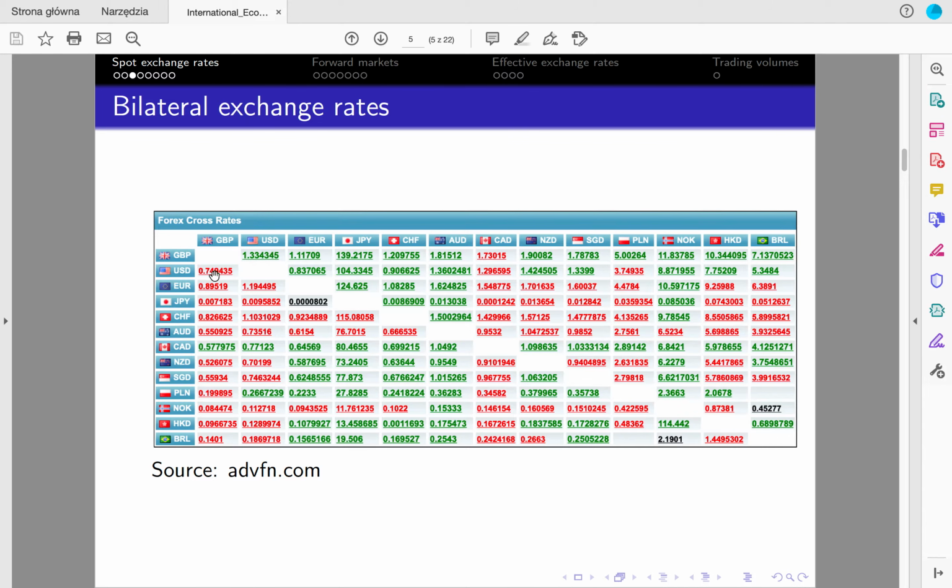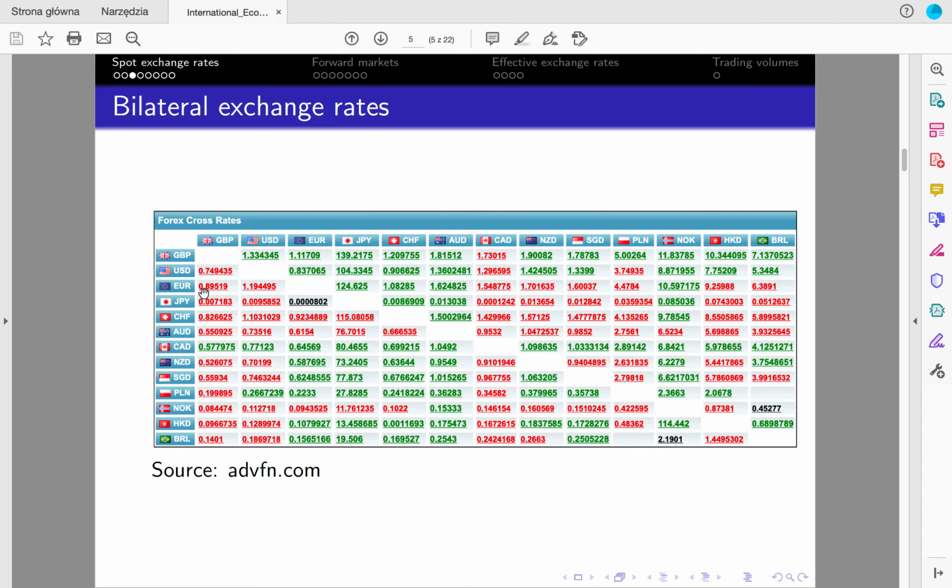Now look, how can I get this number having this number? Well, this is very simple. I take 1 and I divide it by the exchange rate, and I'm getting the other exchange rate from the perspective of the other country. So look, those two numbers are very closely connected. And we see the same phenomenon over here.